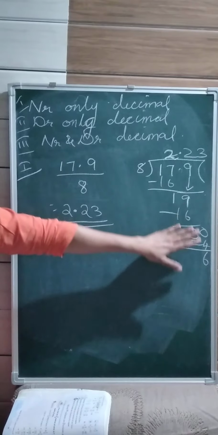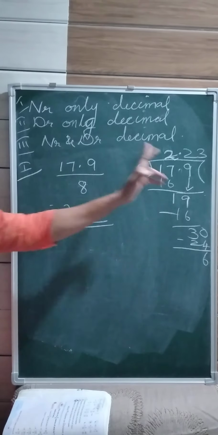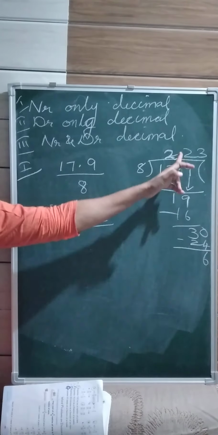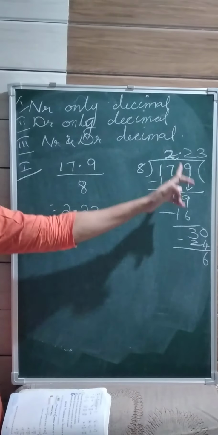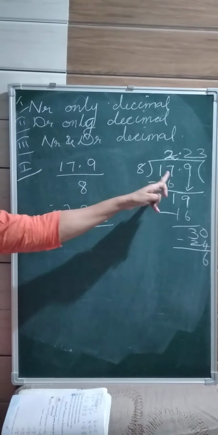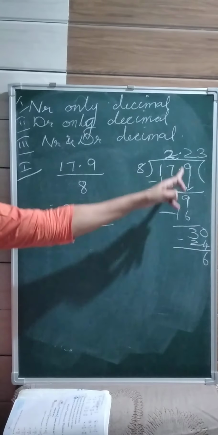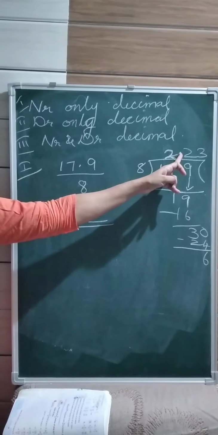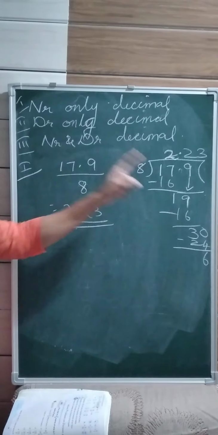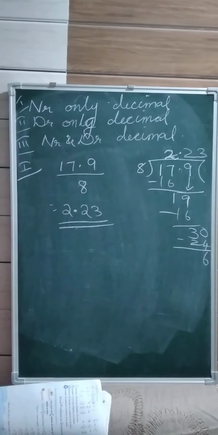Normal way we can do the division. Don't forget to put the decimal on the top in the same order. After 7, before the 9, we put the decimal here. Then only you can put down this number.